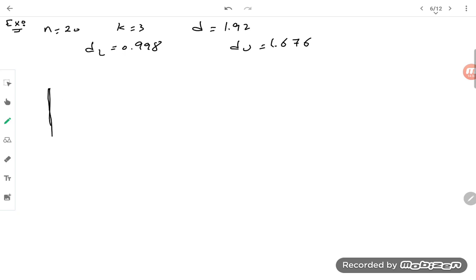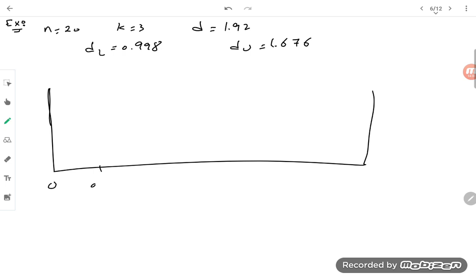So this is our figure. This is 0, lower limit, upper limit, 4 minus lower limit, 4 minus upper limit.